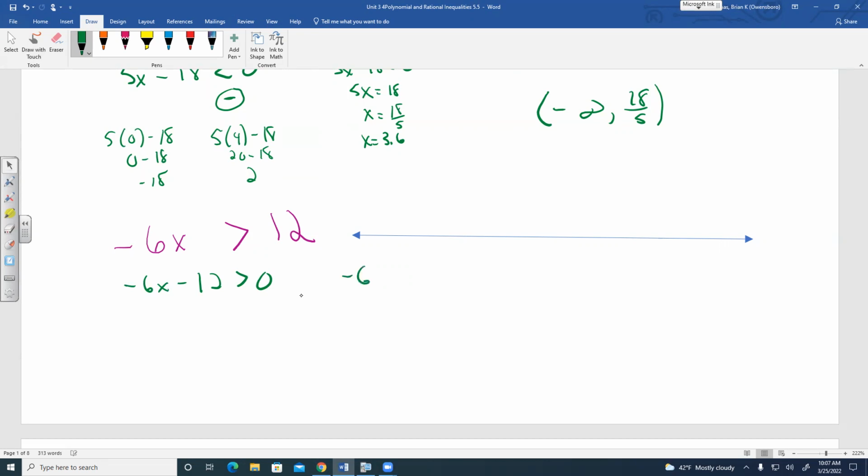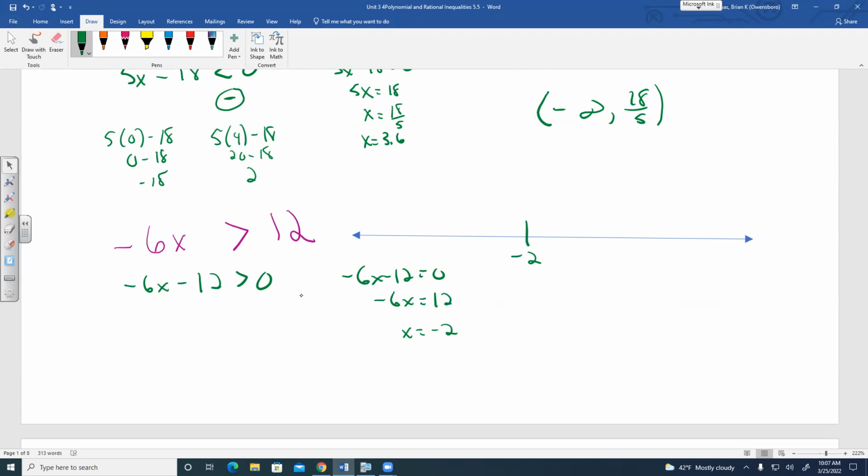So we're going to set negative 6x minus 12 equal to 0. We're going to solve for x, and we're going to get negative 6x is equal to 12. Then we divide each side by negative 6, and we get x equals negative 2. So negative 2 would be my 0. So on my number line, I'm going to mark that critical point, that 0, or x-intercept, if you will.